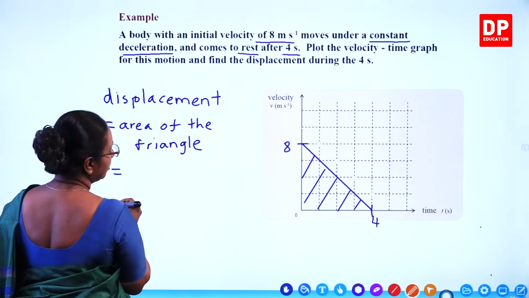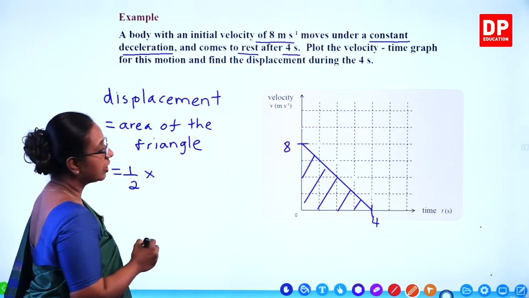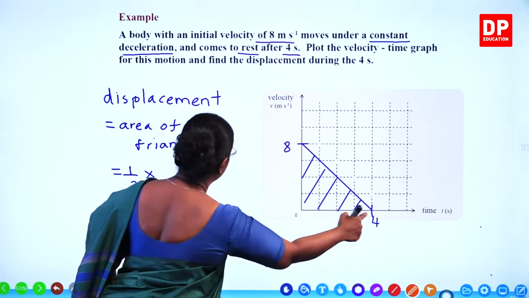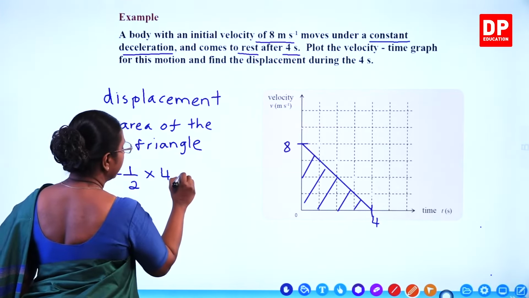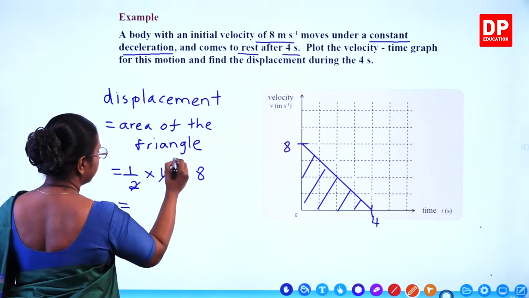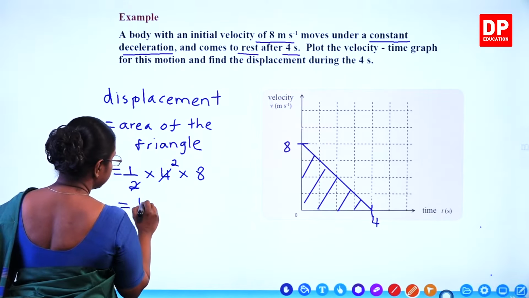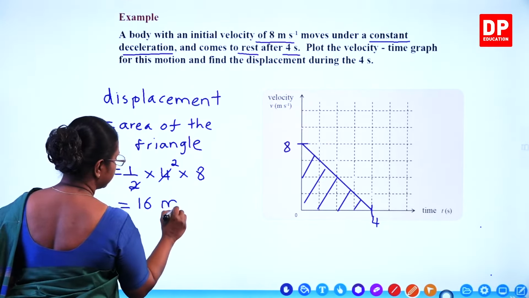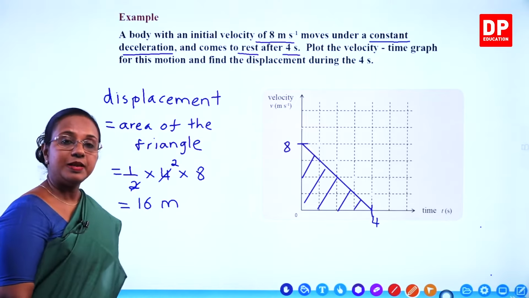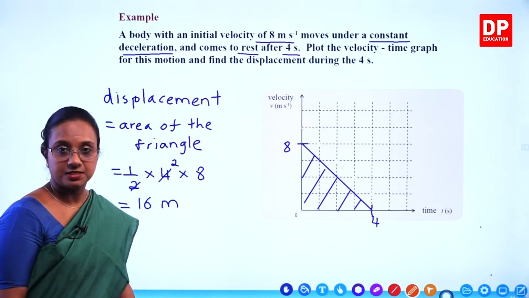So that is equal to half into base into height. So here the base is 4 and the height is 8. Then when we simplify this equation, we have 16 meters. So the displacement of the object is 16 meters.